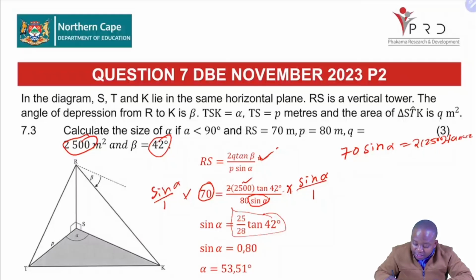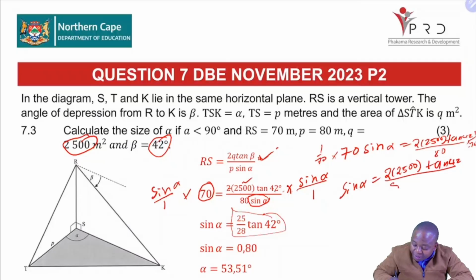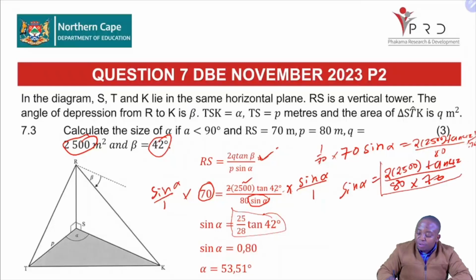Then we multiply by 1 over 70. We get sine alpha, it's actually 2 into 2,500 tan 42 all over 80 times 70. So you can punch all of this in a calculator.